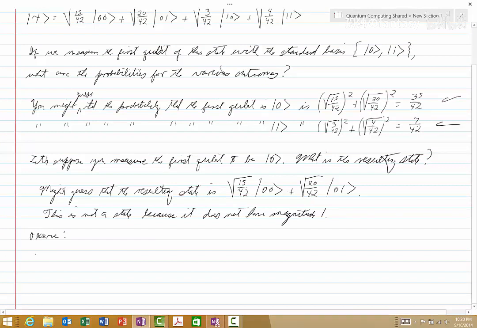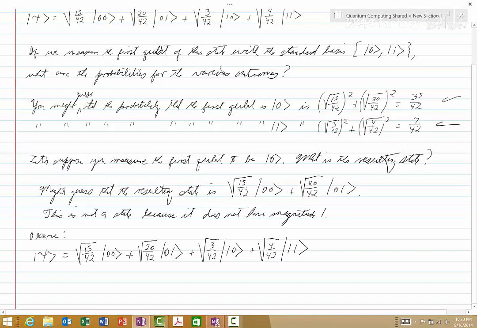Okay, first of all, we're going to write down C once again: C is the square root of 15 over 42 |00⟩, plus the square root of 20 over 42 |01⟩, plus the square root of 3 over 42 |10⟩, plus the square root of 4 over 42 |11⟩.